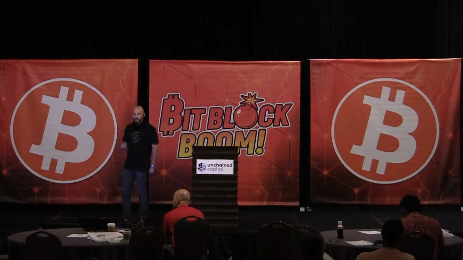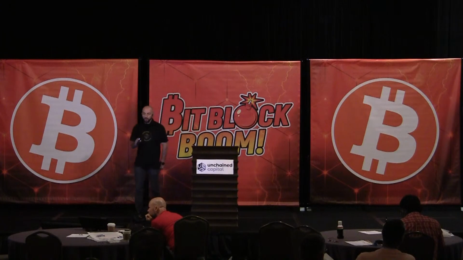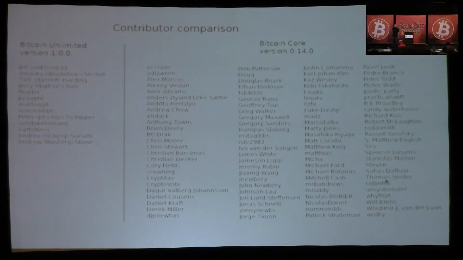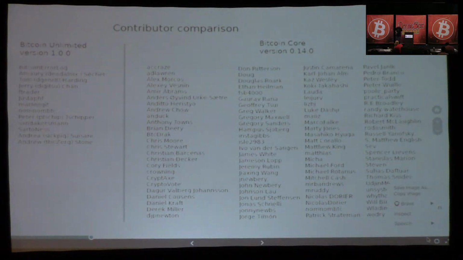In fact, this was the comparison of how many core developers contributed to the Bitcoin Core client 0.14. This was the SegWit Core client, and then you had Bitcoin Unlimited, which became Bitcoin Cash, that spun off because they didn't like it. And there's their list of developers on that project. I know some of those guys, and I don't know how much of developers they are.